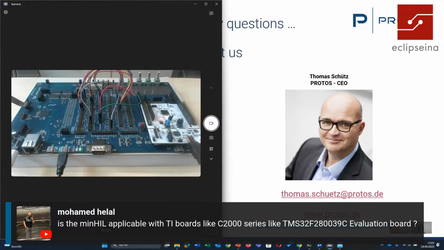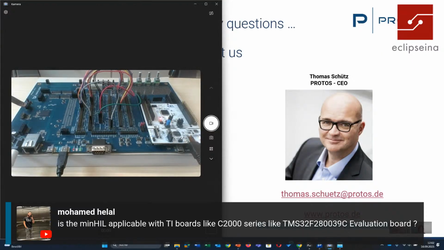For the other microcontrollers, usually we develop a little evaluation board like this that fits directly on the miniHIL, or we have an adapter, for example for 5 volt boards, not only for 3.3. Then you get a slightly different setup. And of course, we or you have to develop this hardware adapter. That's usually not so costly, but at some point we need to adapt the signals to the miniHIL board.